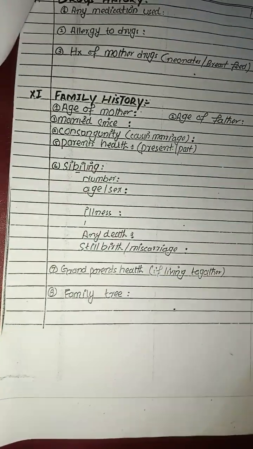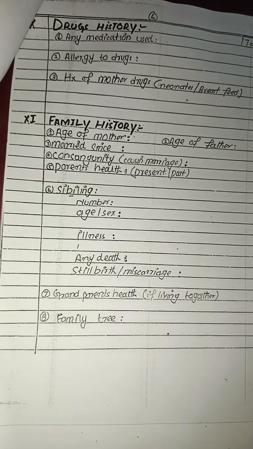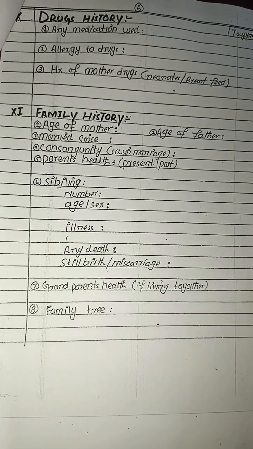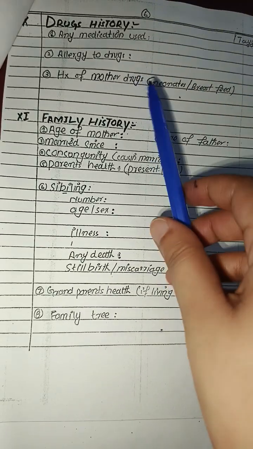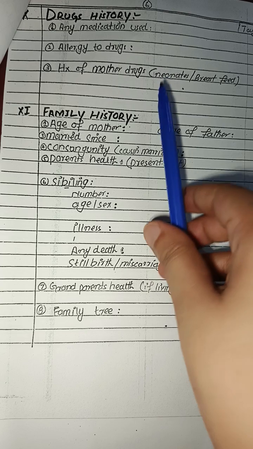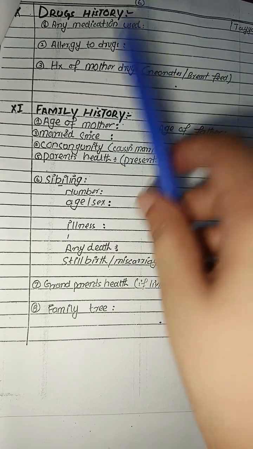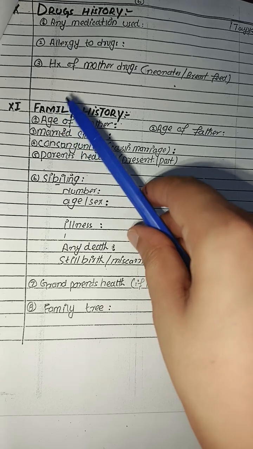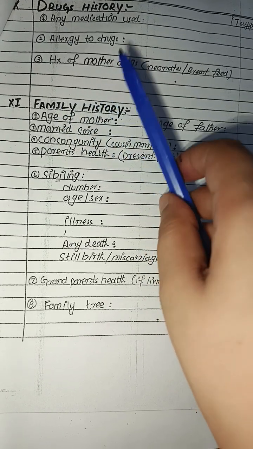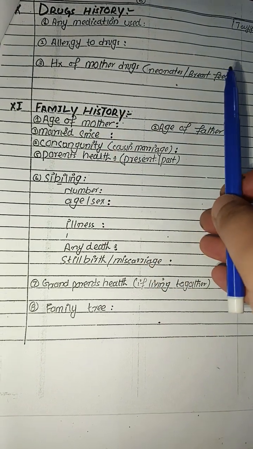And we have to ask about the drugs used till now, and allergy, either the child is allergic to any drug or not, or the mother is allergic to any drug or not, or which drug the mother has taken at the time of breastfeeding.